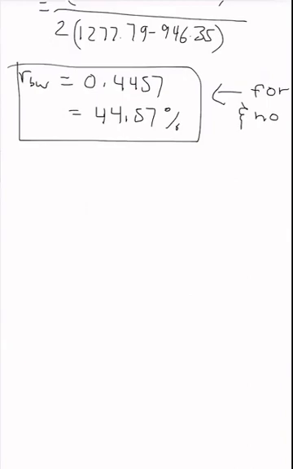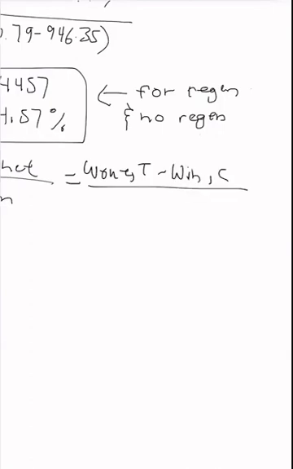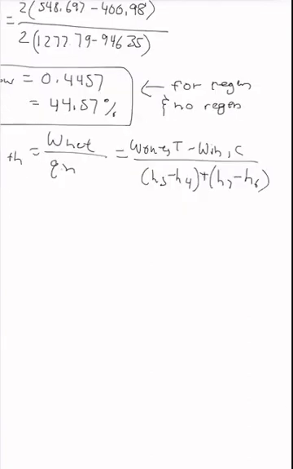And our efficiency equation is eta equals W net over heat in, which is then equal to W out turbine minus W in compressor over H5 minus H4 plus H7 minus H6. And we know all these values because we have the table, and it's really easy to look at them and visualize when you have the table like that.